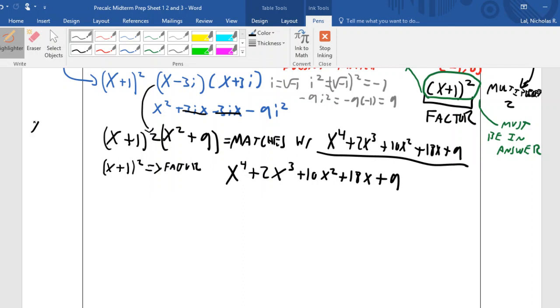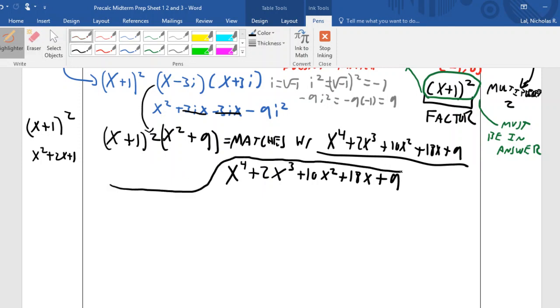And x plus 1 squared becomes x squared plus 2x plus 1. We can divide by a factor to have a clean remainder.